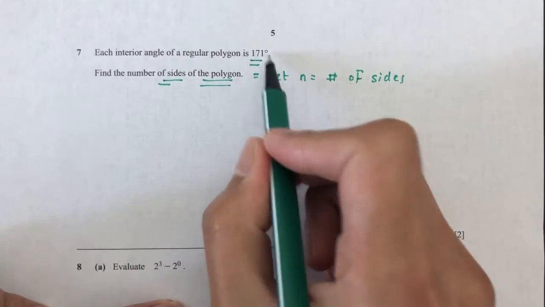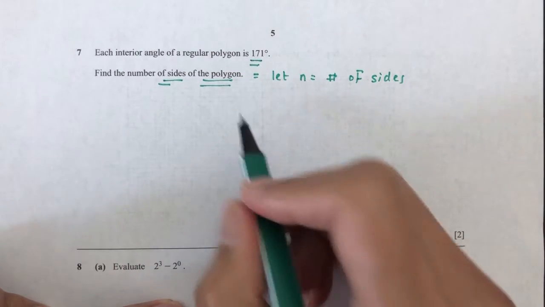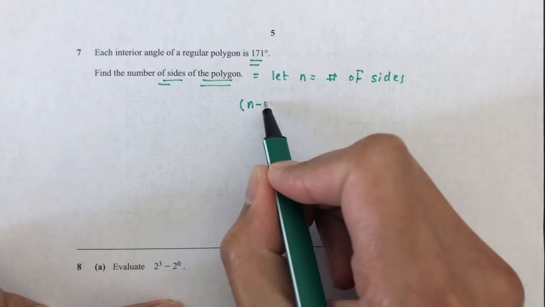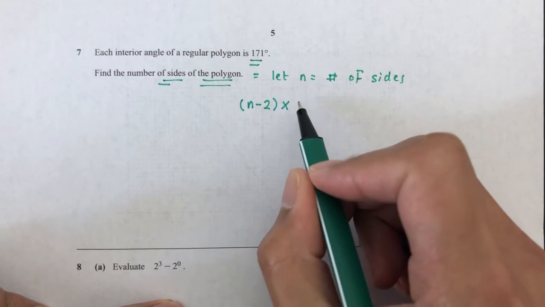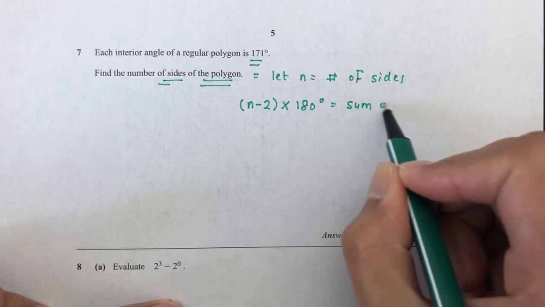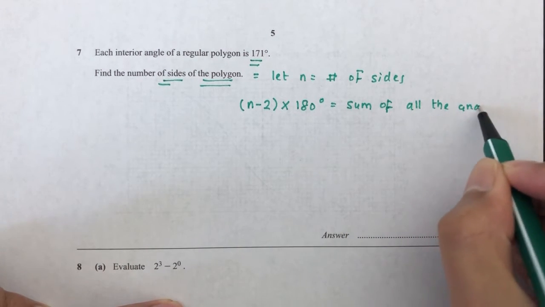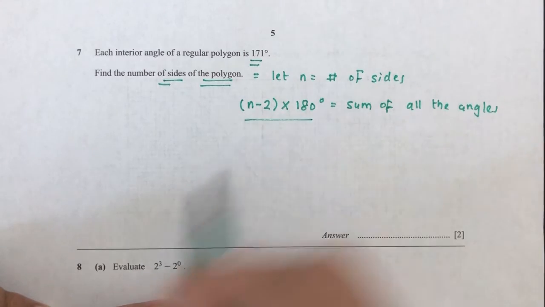So how do you find the size of the interior angle of a polygon? We know that n minus 2 times 180 is the sum of all the angles. Okay, so that's the main formula.